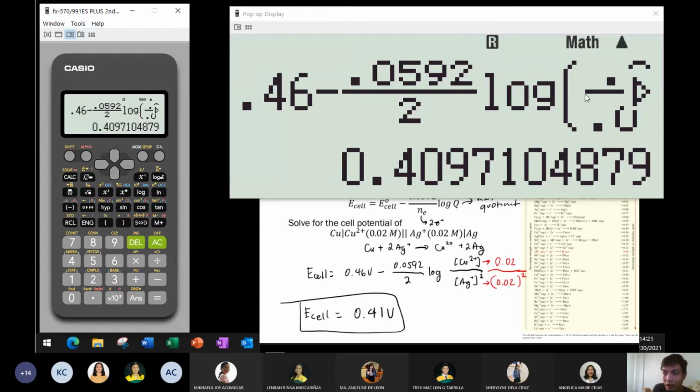Yun lang naman yung pwede magbago eh. Di ba? So, ganun yung ginagawa ng mga pH meter and the glucose meter. So, kumbaga nakaprogram na yung Nernst equation doon. Ang kailangan na lang niya alamin is the voltage that the solution can pass through. Okay? So, depending on the voltage of the solution, dun niya pwede malaman yung concentration. Yun yung ilalagay niya sa display.